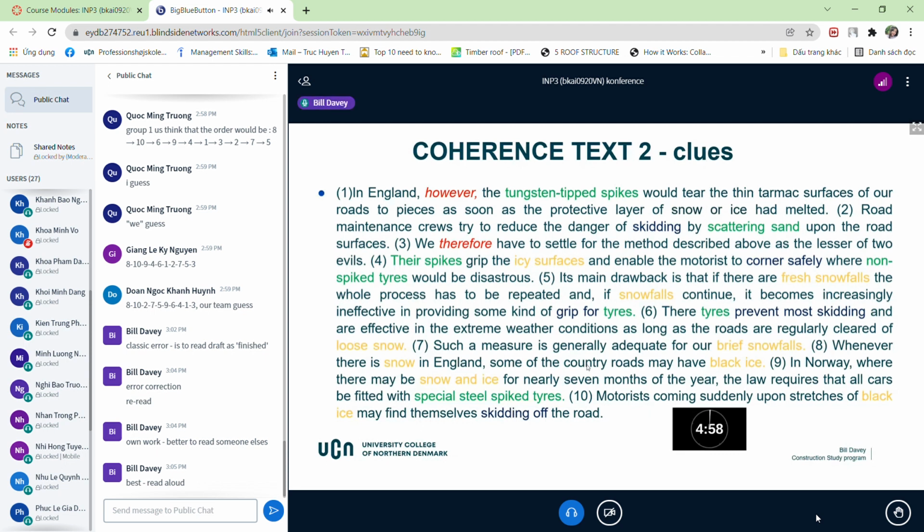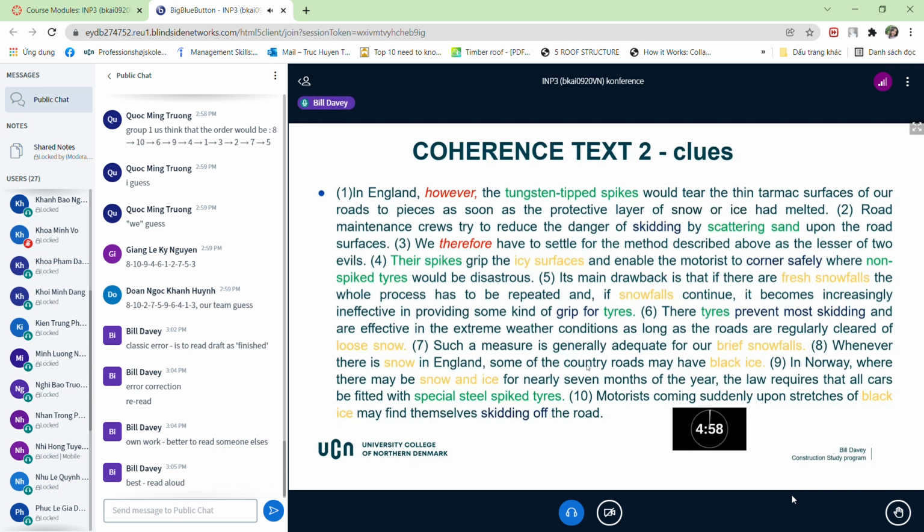So icy surfaces, snowfalls, fresh snowfalls, brief snowfalls, black ice, snow and ice, loose snow, and black ice. They all describe the same sort of situation. So in that sense, they are synonyms in this text. They name the same phenomenon.